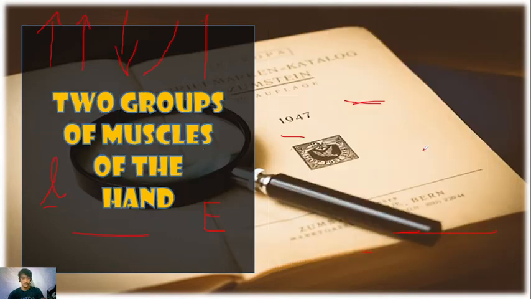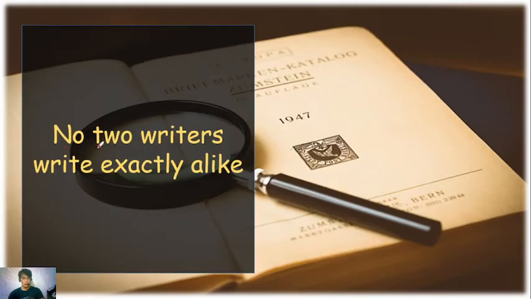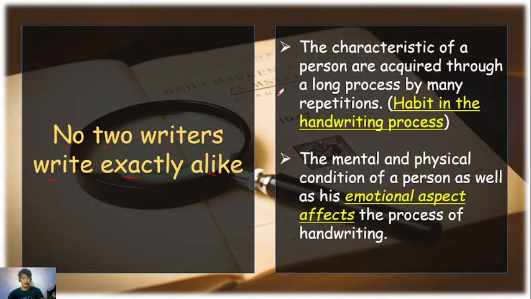Okay, so now we have here the principles involved in handwriting identification. Number one, it says here that no two writers write exactly alike. So your handwriting is different from the handwriting of your classmate, or from the handwriting of your parents.